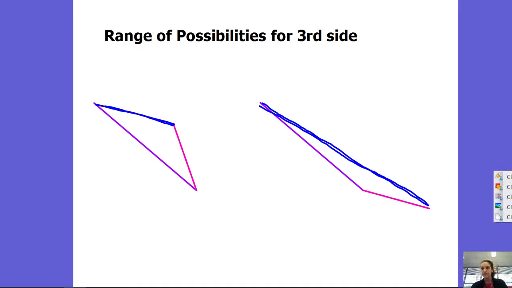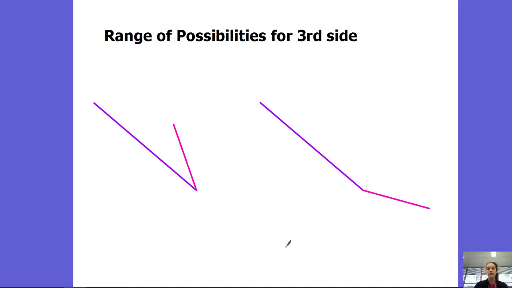So the way that we are going to figure out the range of possibilities for my third side is, let's say I have side A and side B. To find the maximum length of my third side, I'm going to add the two sides together.